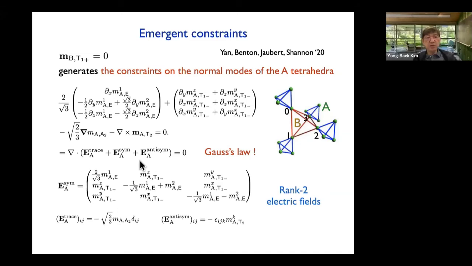So this is the most general rank 2 tensor you can define. But the point is that these electric field variables are defined in terms of all of those normal modes. So you can think of this as a rank 2 electric field, and you see that it immediately gives you this Gauss law constraint for the rank 2 electric field. So this is nice.